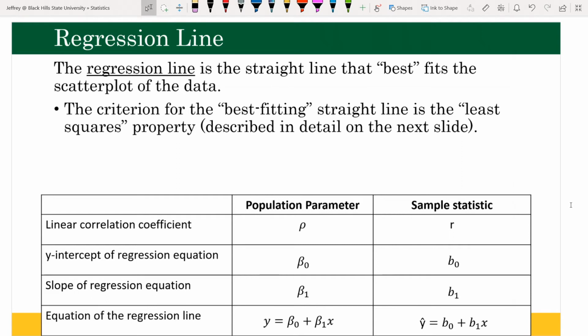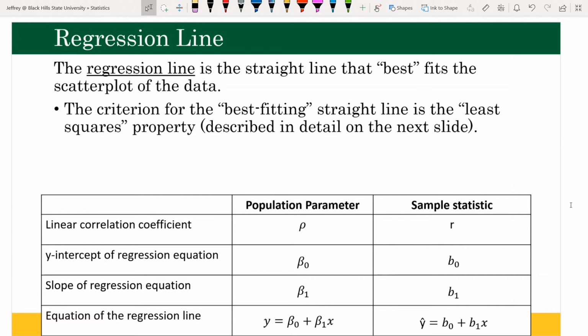So here we go over some of the basic notation that we have for the population regression line and the sample statistic regression line. And we use rho versus r, or beta versus b for the different parts of the equation or the correlations.